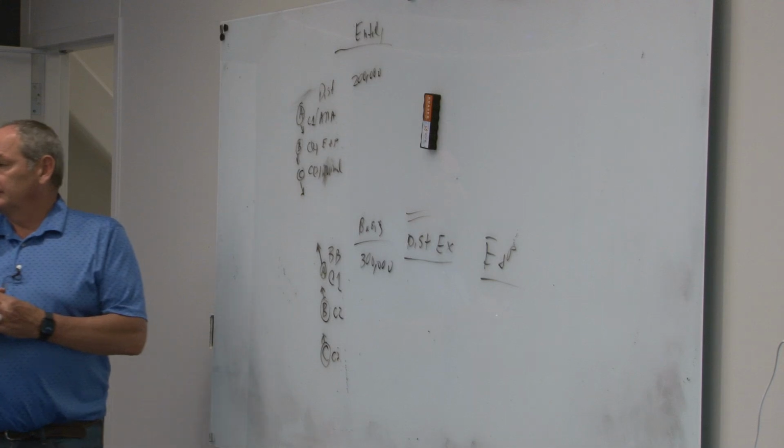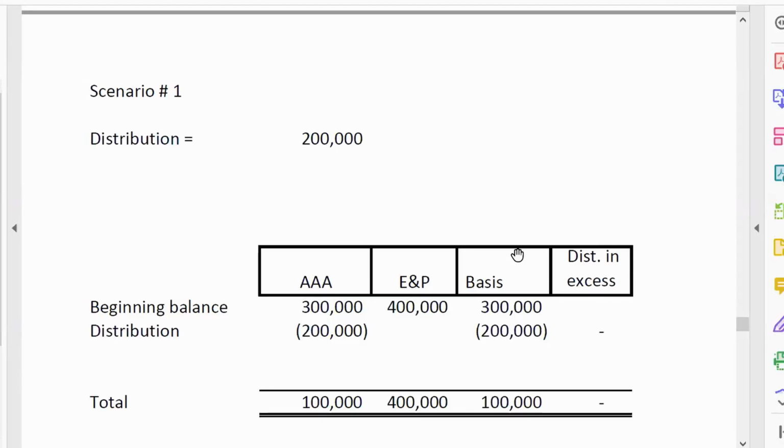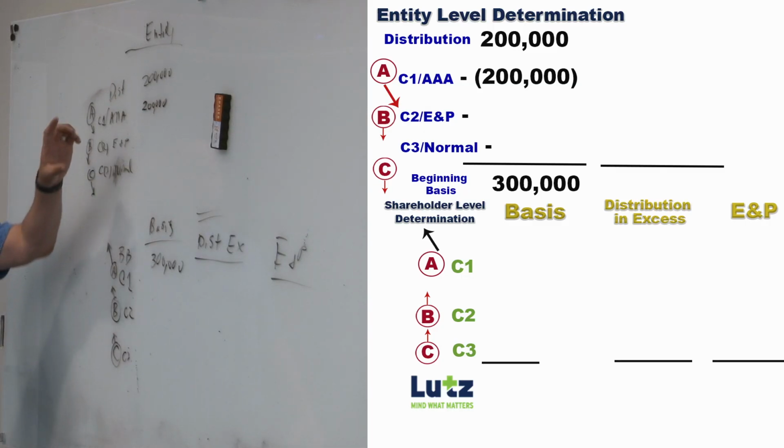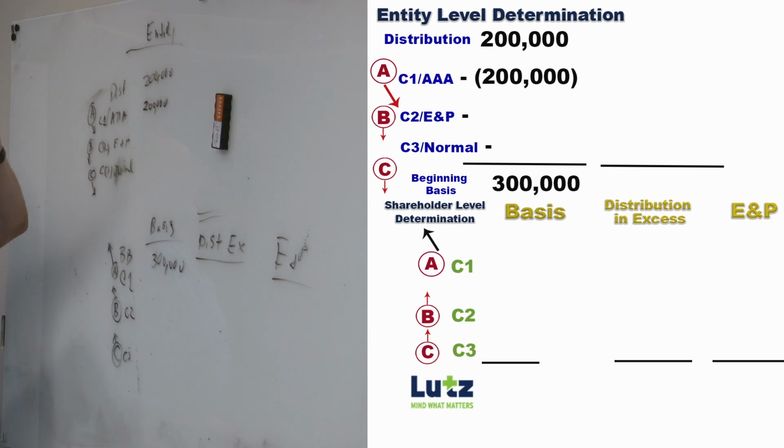How much AAA do I have? 300. So I have enough to account for the full distribution. My entity distribution has been fully accounted for in that first tranche. So now that I've accounted for the first tranche, the second tranche is 0 because I didn't blow through AAA. My third tranche is 0 because I didn't blow through AAA.